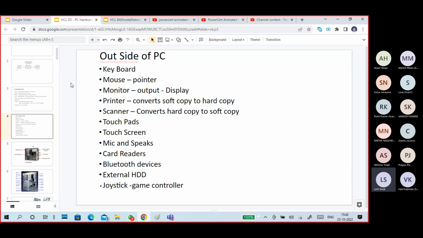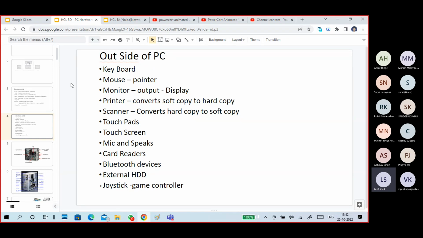Of course, you have a monitor to see the content on the screen, right? Without a monitor, we don't know what is going on. Printers and scanners. Of course, it is not a compulsory device. They convert soft copy to hard copy and back. With a printer, you have a document, you want it on paper, then we take a print, right?